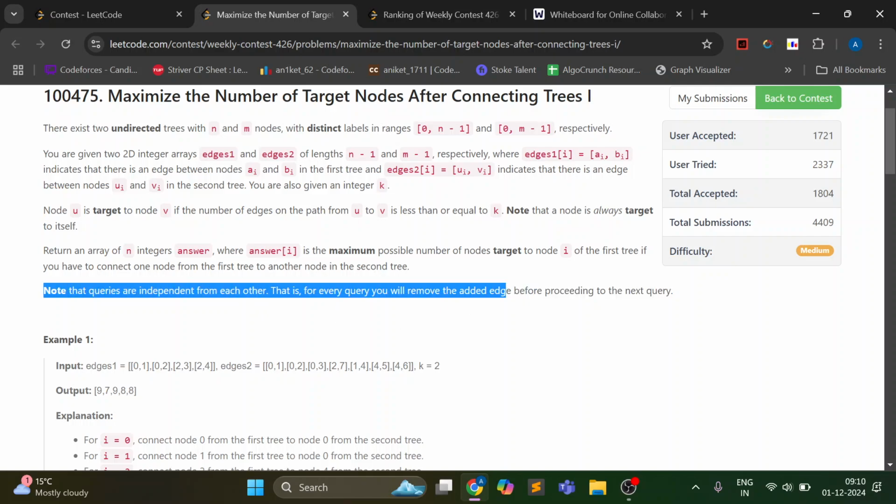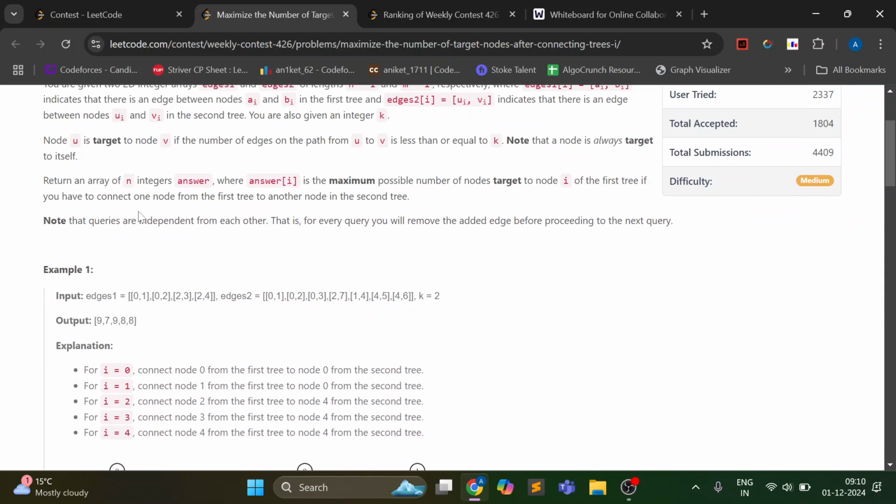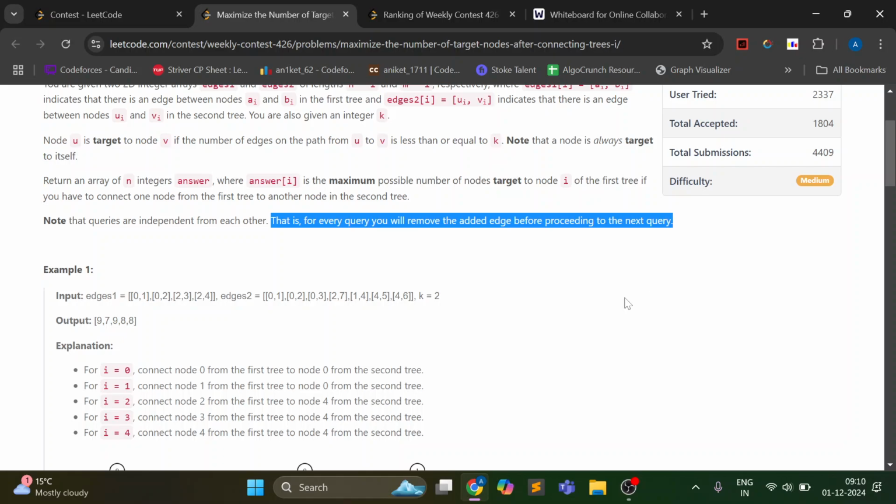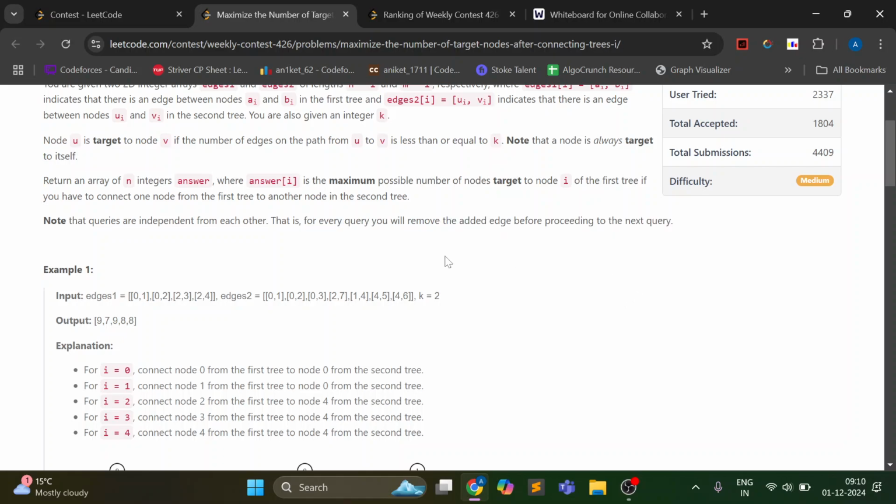And this connection is independent of each other. So what connection you made for node 0 would not remain the same for node 1. So basically, remove the added edge before proceeding to the next query.